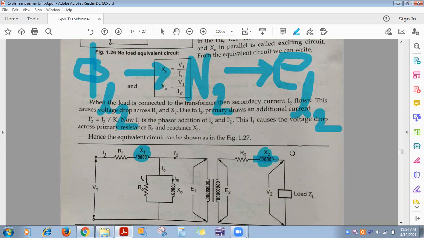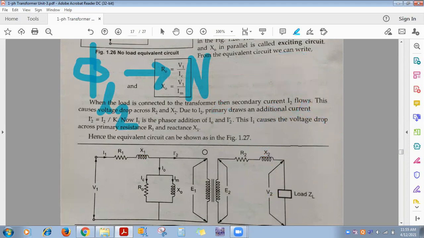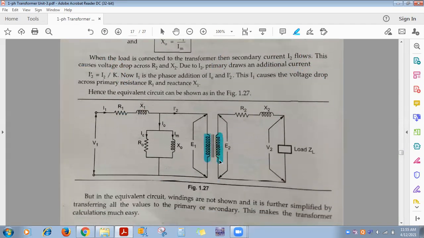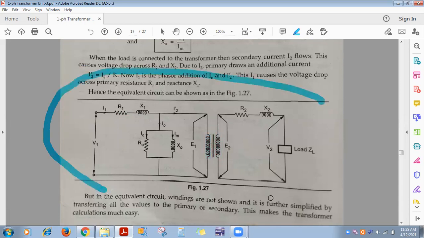So this X2 on the secondary is nothing but, when I2 flows through it, the voltage drop across it will be equal to this EL2. So all of this is clear about the equivalent circuit of a transformer. This is the primary winding, this is the secondary winding circuit, and the two straight lines indicate the core. This complete one is called the equivalent circuit of a transformer.